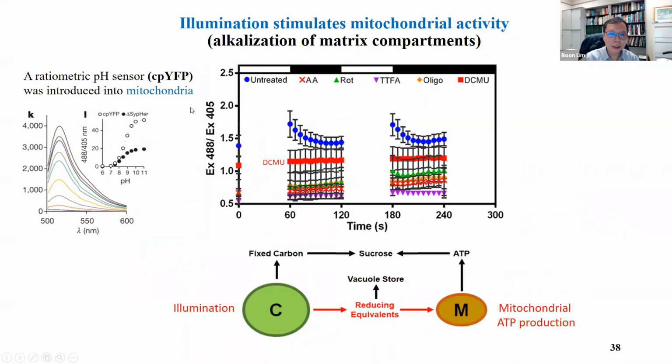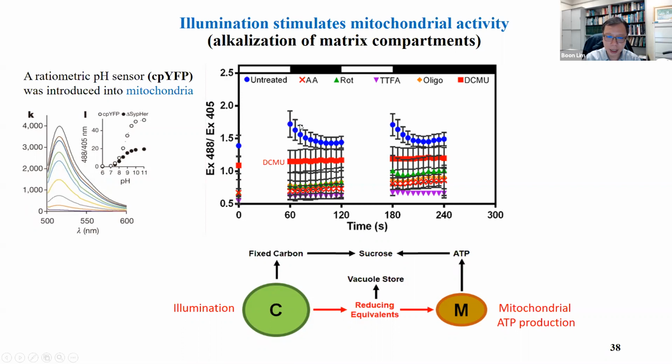And using the pH sensor in the mitochondrion, we can see that if we illuminate, the mitochondrial matrix will become alkaline. When we turn off the light, it will gradually go back to its original level. We turn on the light again, it will become alkaline again.